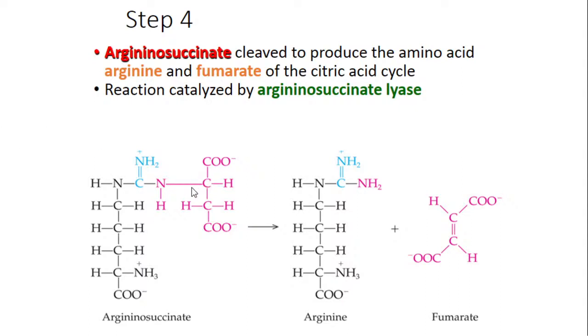And it will cut here. So the hydrogen bond will be taken to fix the amino group here, yes. And due to this, the double bond will be formed in the structure of the former aspartate, succinate. Here we will see fumarate, trans isomer, it's fumarate. And the amino acid arginine.